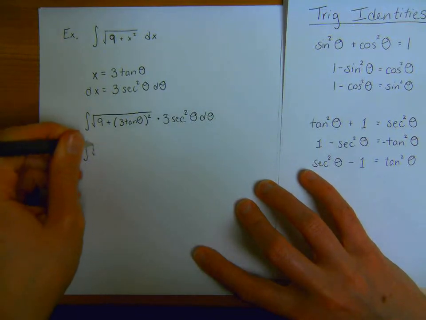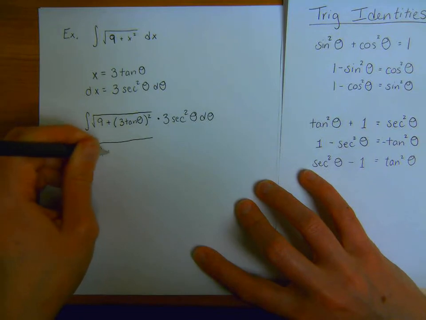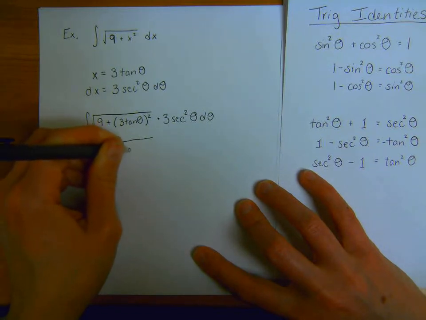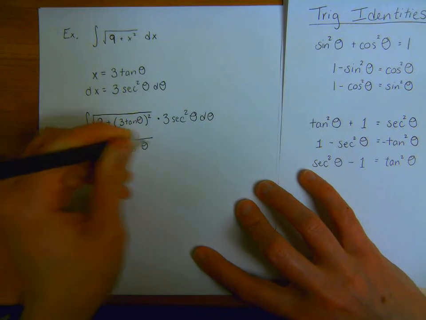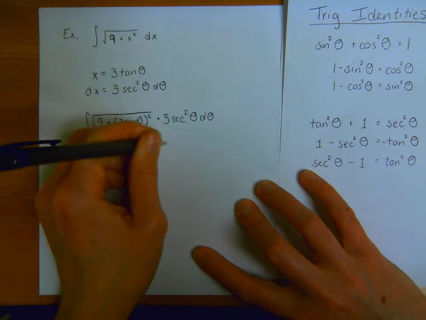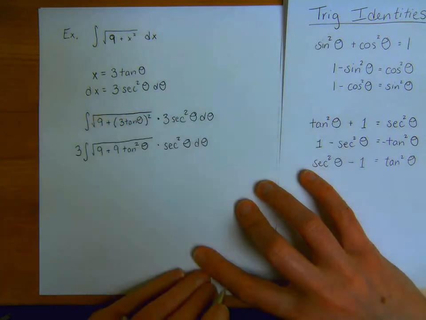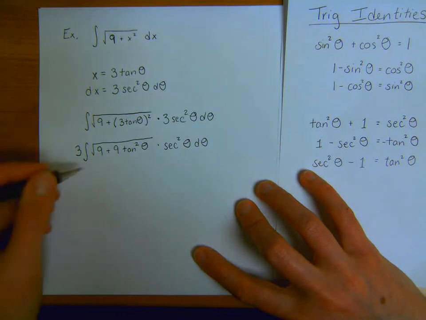This becomes the square root of 9 plus 9 tangent squared theta times, I'll pull this 3 out front of the integral, secant squared theta d theta. Now let's factor out that 9.